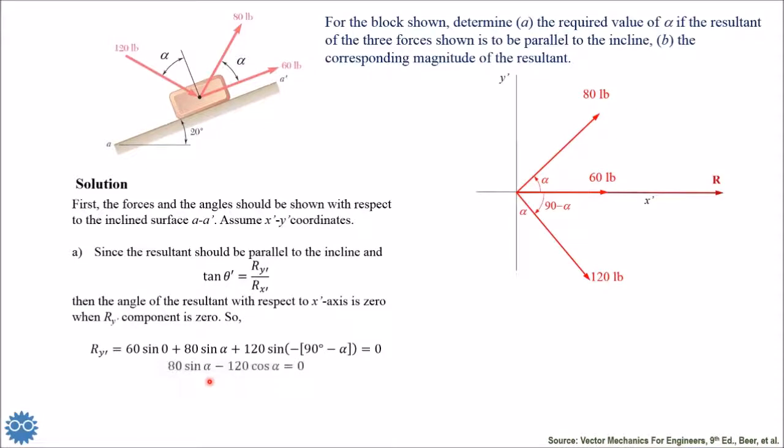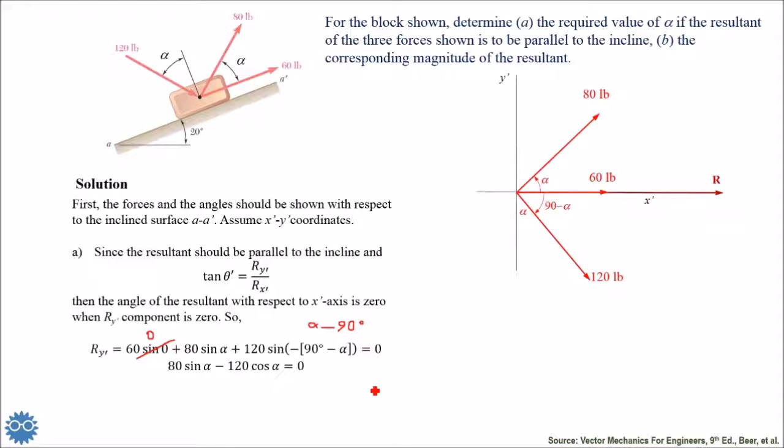Now, sine 0 is 0. Again, I will use my pen, although it's not so elegant. So this is 0. And we need the value of alpha. This is unknown, so we will keep it here. And here, this will be alpha minus 90.